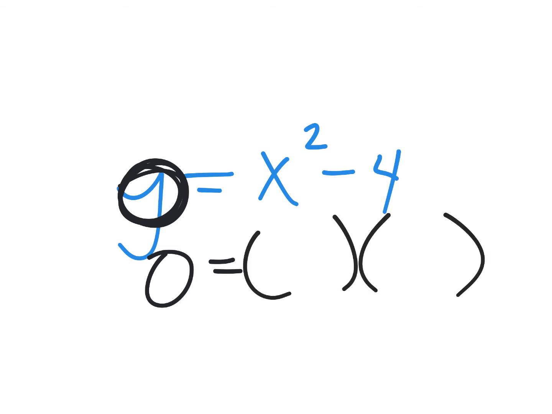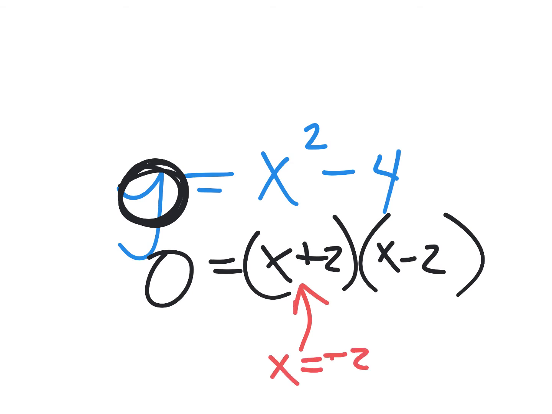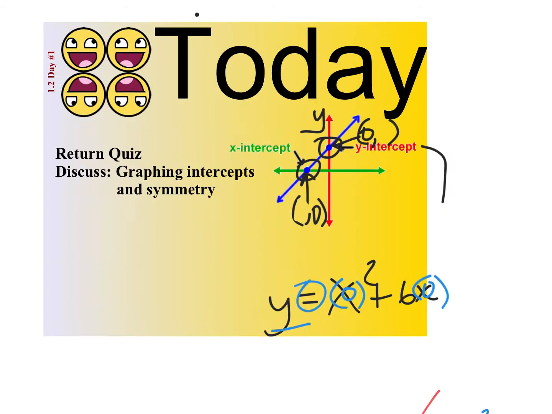I want you to finish it for me. If you can factor it, say it. You should. X plus 2, x minus 2. And all of a sudden, it becomes clear. Oh, yeah. X must be negative 2. And what is that again? It was an x-intercept because we set y equal to 0. So that's the x-intercept. And this is another x-intercept at x equals 2. Okay, so the intercepts are super important.